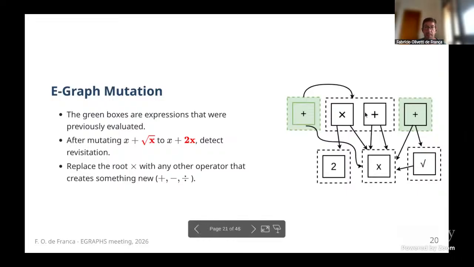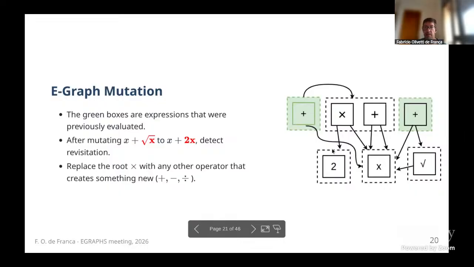And let's say that we pick this expression here, x plus square root of x. We pick this one expression to mutate, and we pick this region of the expression to mutate and replace with 2 times x. But when we generate this expression, we can query the graph and see, okay, we actually have this expression here.